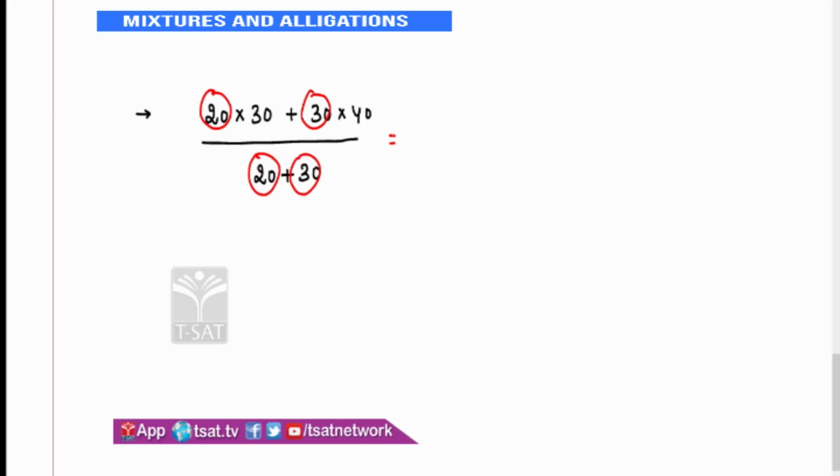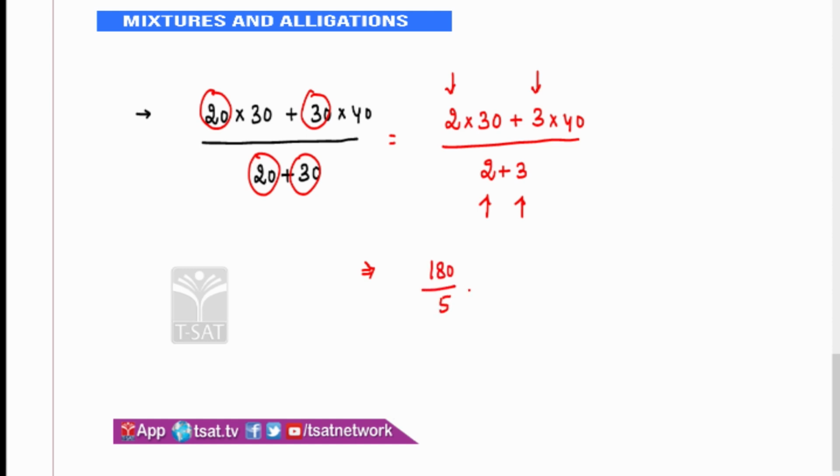If I take common 10, I am making it simple: 2 into 30 plus 3 into 40 divided by 2 plus 3. Now 20 and 30 become 2 and 3. So we don't need to worry about the multiples. We just need to concentrate on the simplest values possible. So here it is 60 plus 120, 180 divided by 5. This is 36.